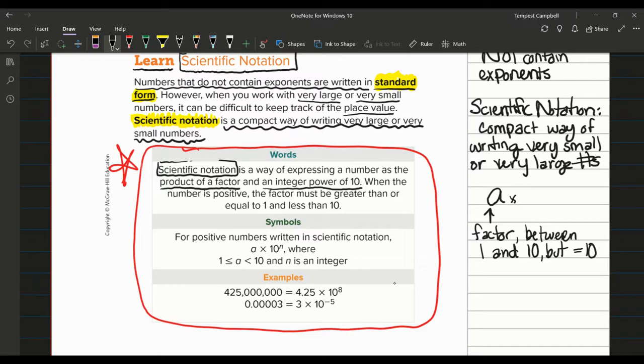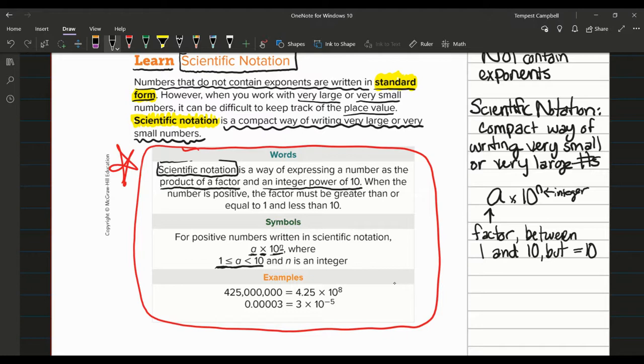And then we're going to say times 10 to the power of n, n being an integer, a positive or negative whole number. So for positive numbers written in scientific notation, we have a, that's our factor, times 10 to the power of n, where a has to be between 1 and 10. It can equal 1, but it cannot equal 10, and n is an integer.